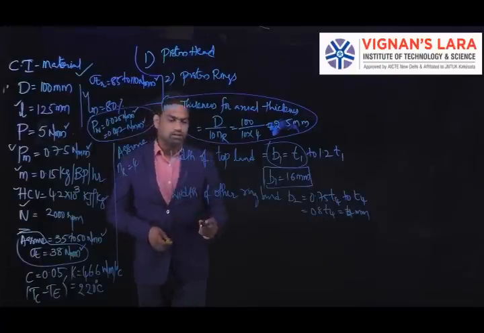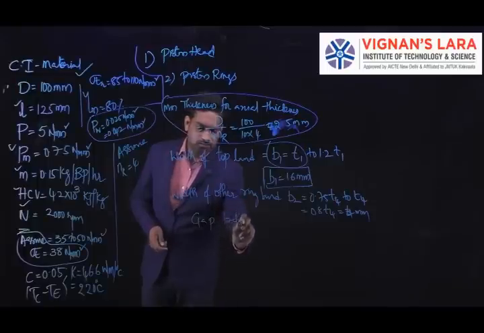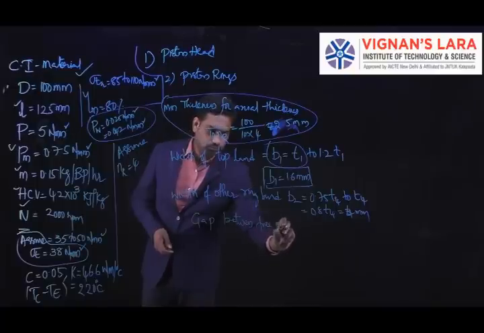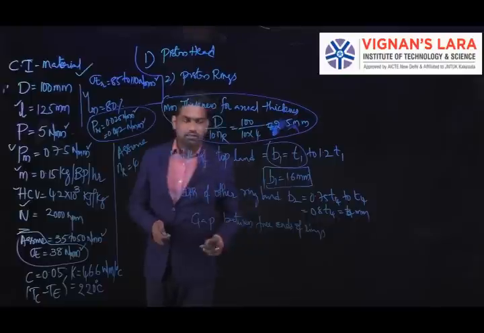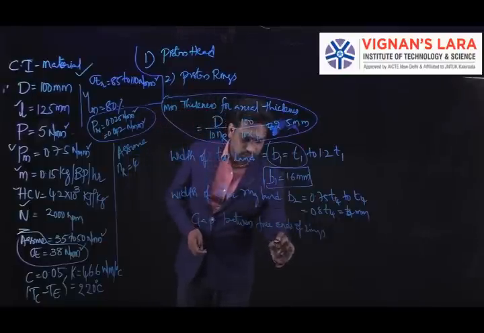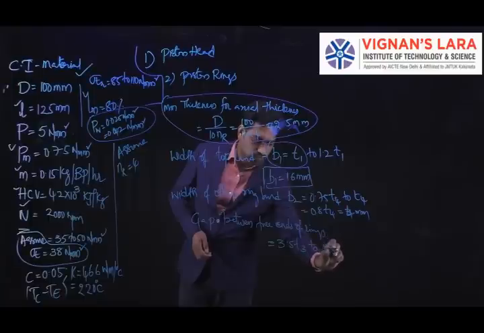Using that, you also need to calculate the gap between the free ends of the rings. This gap is also calculated using an empirical relation. It is given by 3.5 T3 to 4 times T3.